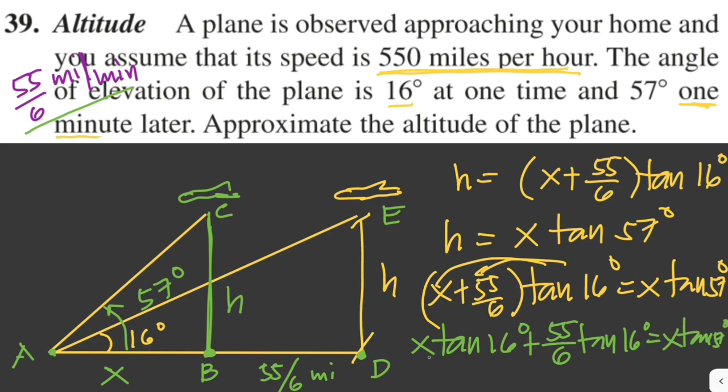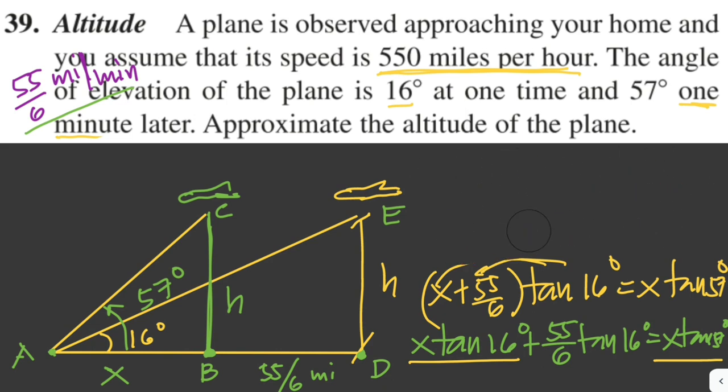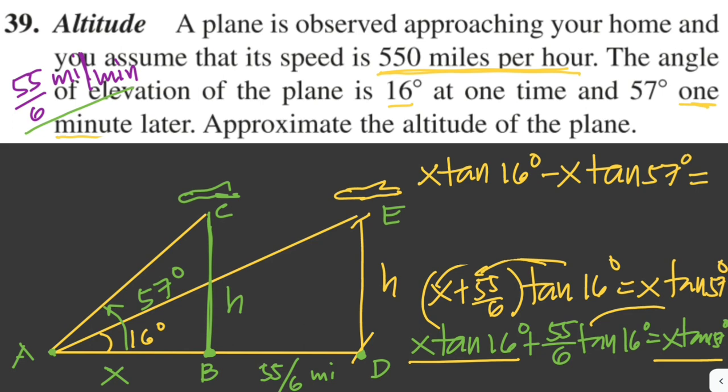And then we group like terms, so we can group this one, x tangent 16 and x tangent 57 degrees. So that would be x tangent 16 degrees minus x tangent 57 degrees equals, we transpose 55 over 6 tangent 16 to the right, that would become negative 55 over 6 tangent 16 degrees.